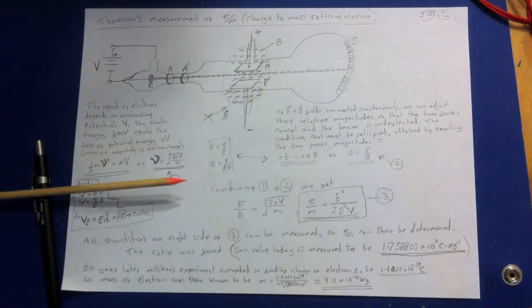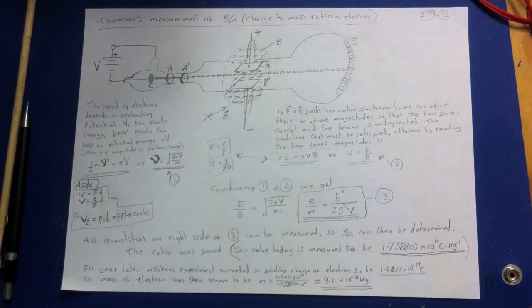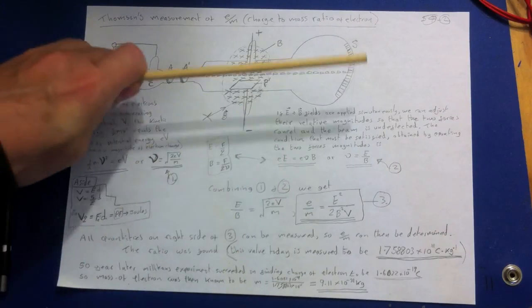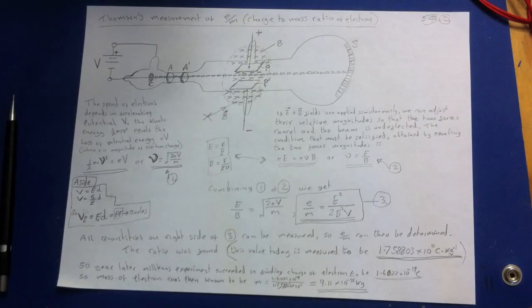Alternatively, we may impose a magnetic field directed into the plane of the figure. The field results in a downward deflection of the beam. Finally, if both E and B fields are applied simultaneously, we can adjust their relative magnitudes so that the two forces cancel and the beam is undeflected. So it stays in that same position all the way through, so they're exactly balanced.